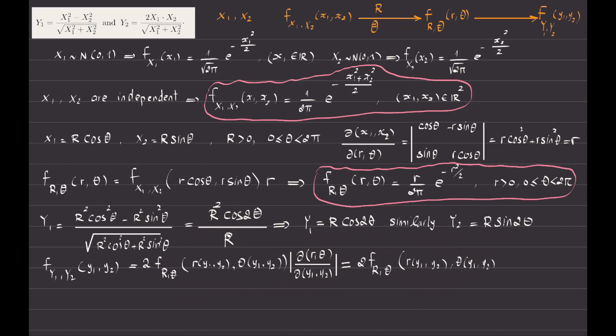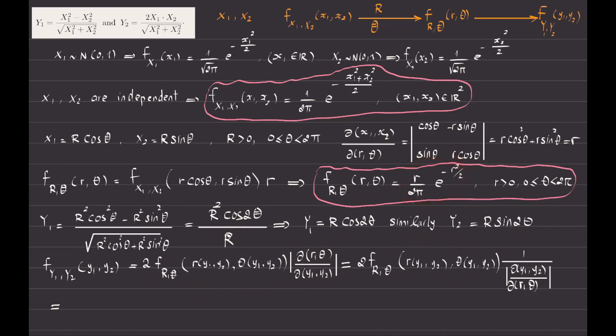So then it becomes multiplied by 1 over the Jacobian the other way. So it will be the Jacobian of y1 and y2 with respect to r and theta. Okay? So let us continue now. Here, this is my function, so I put these expressions inside this function.